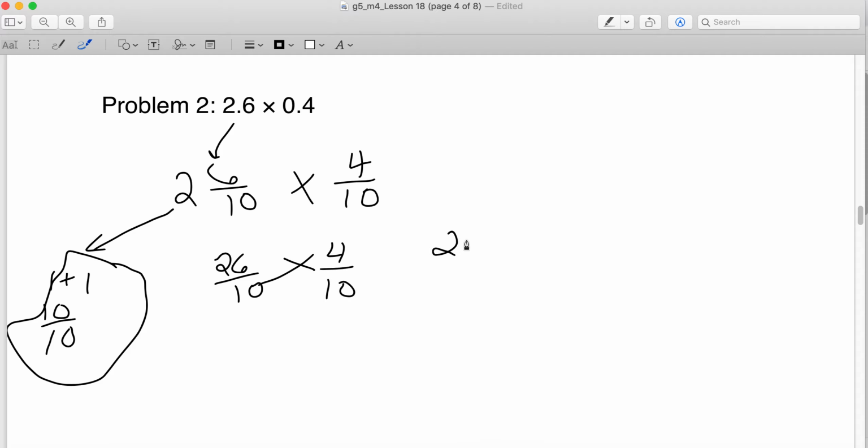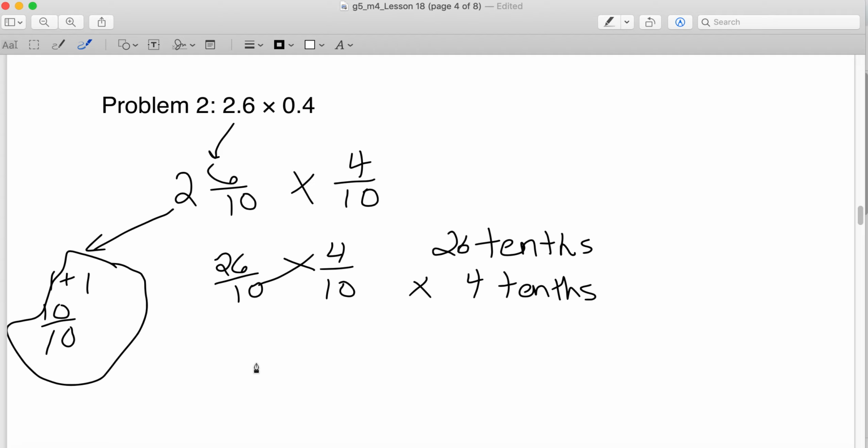So it's 26/10. And if you notice, I'm going to do this side by side. I'm going to try a little cursive, makes it a little quicker for me. Okay, 26/10, and that's times 4/10. All right, and so what do I do?